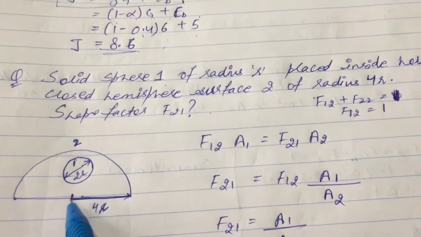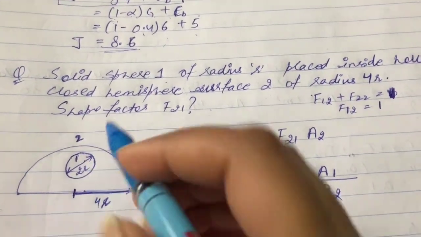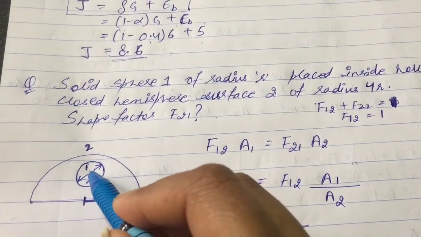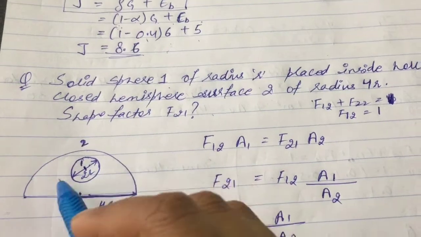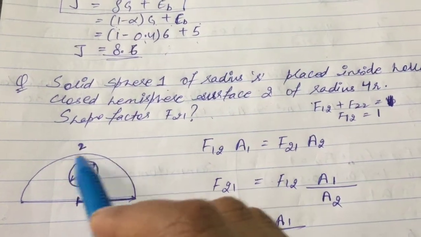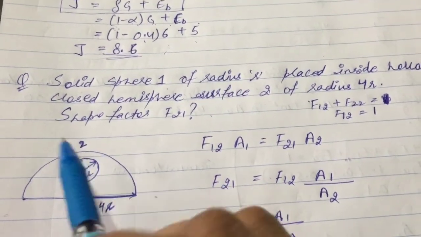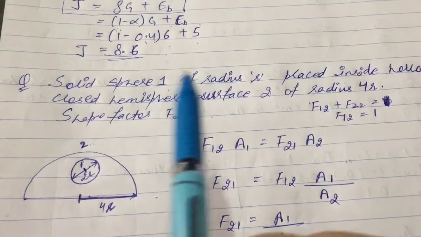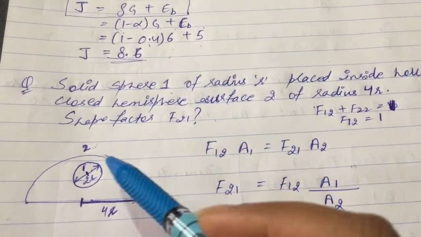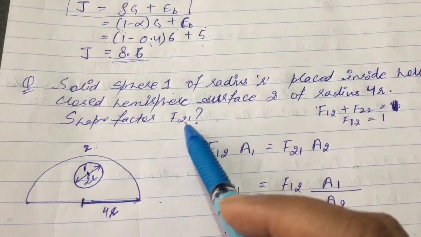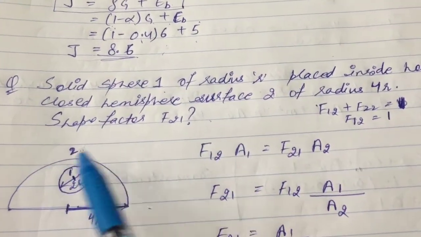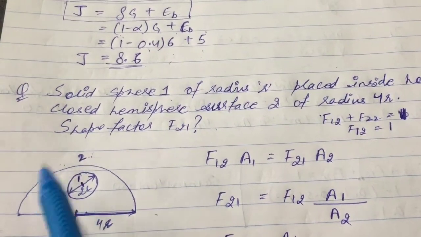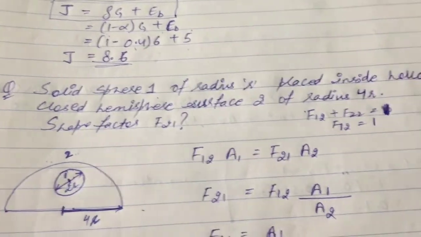The radius of the hemisphere is 4r, and the radius of the sphere is r, so 2r is its diameter. The sphere is called surface 1 and the hemisphere is surface 2. What we have to find is F21, the shape factor of radiation of the hemisphere on the solid sphere inscribed inside it.